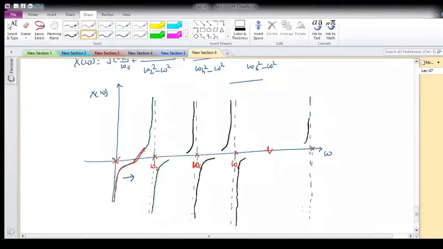After crossing omega 2, the curve again goes, and it has to cross and reach the next pole. Similarly after omega 4, it will go like this, cross zero and reach omega 6. Similarly here also.